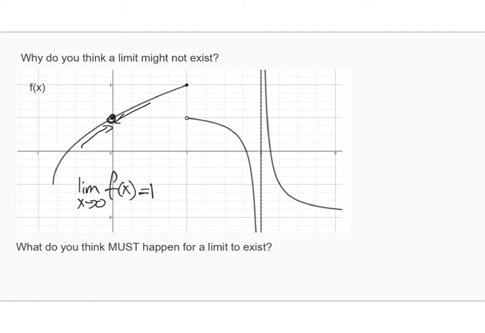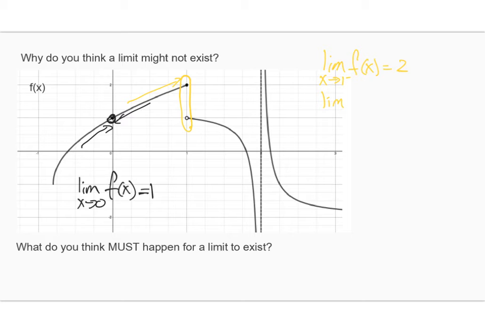When it comes down to it, there are really 3 reasons why a limit might not exist. And really that comes down to just 2 reasons. The first place on this graph that a limit doesn't exist is at our jump discontinuity. And we can say that the limit as x approaches 1 from the left of f of x is equal to 2.